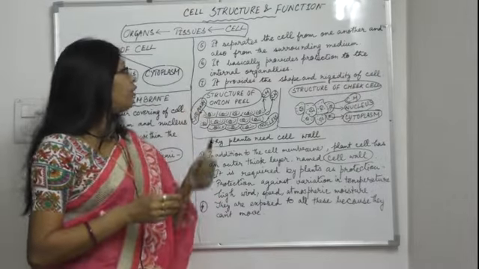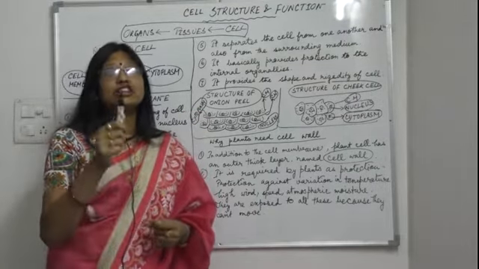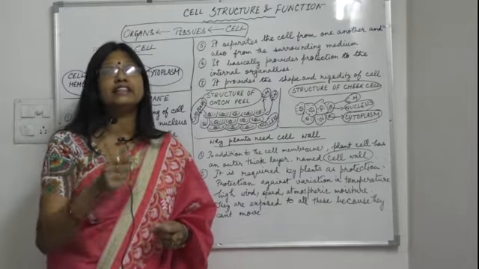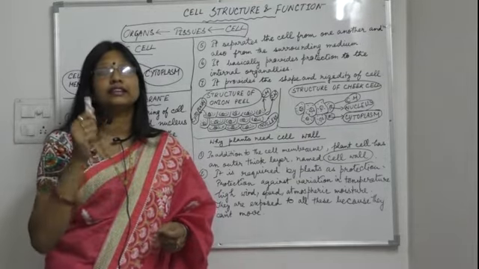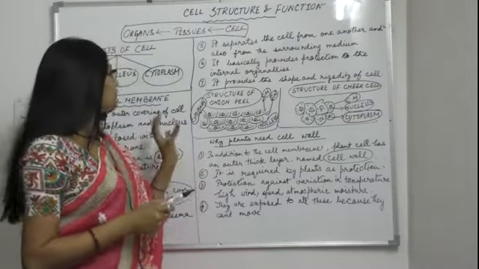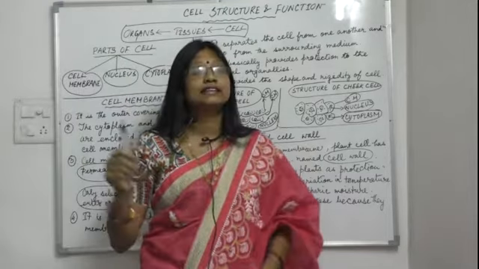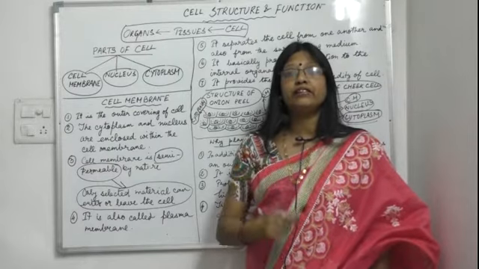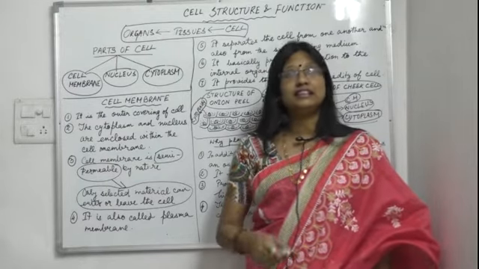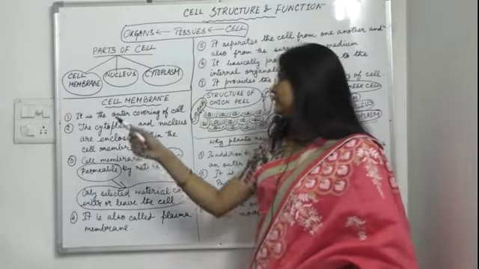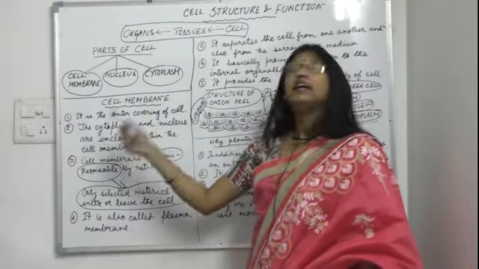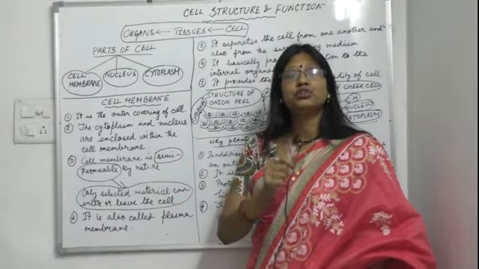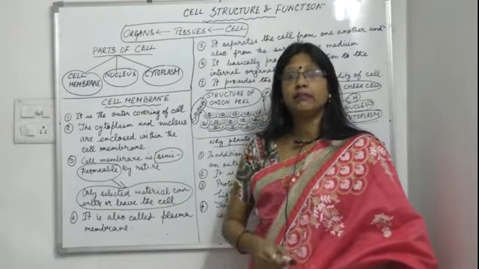And seventh, it provides shape and rigidity to the cell. So, the cell membrane has 7 points to remember. If you study point-wise, science will be easier. So these are the 7 points you should remember about the cell membrane.